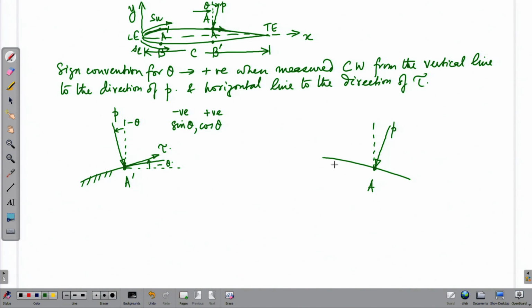So, this is pressure, this is shear stress, and the horizontal and vertical lines are dotted. You are moving clockwise for both in order to reach the directions from vertical and horizontal. Therefore, these are positive by the convention that we are following. Consequently, sin theta and cos theta terms will be positive, both will be positive.